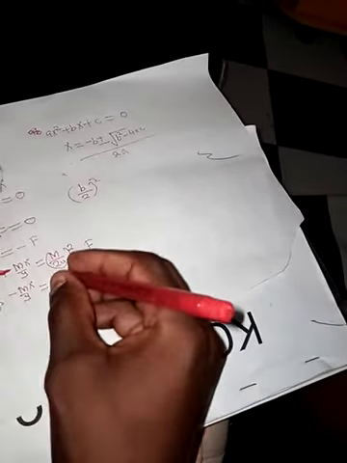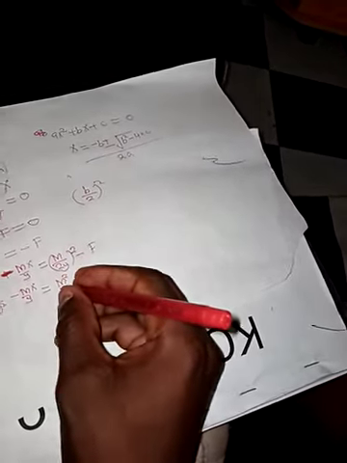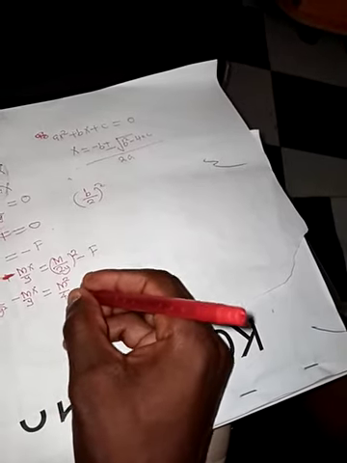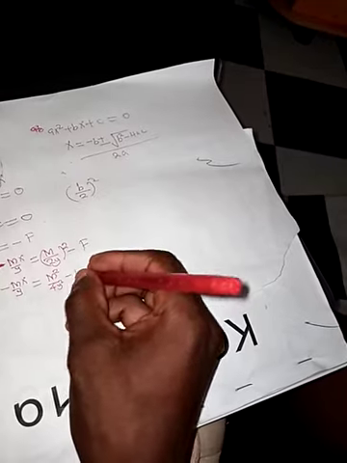So we'll have x squared plus m squared over 4y squared minus m over y x, is equal to m squared over 4y squared minus f.